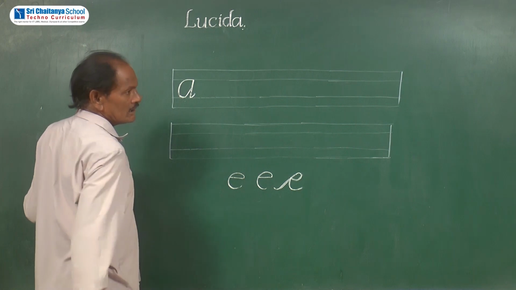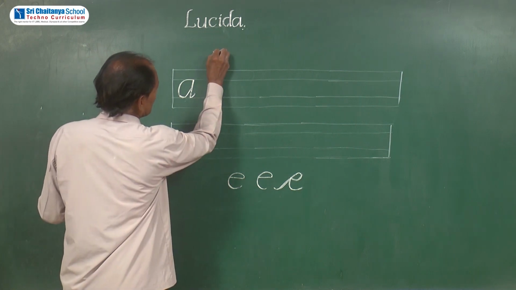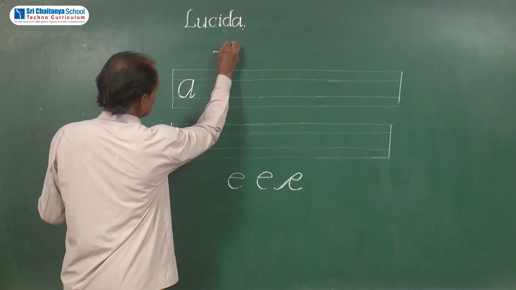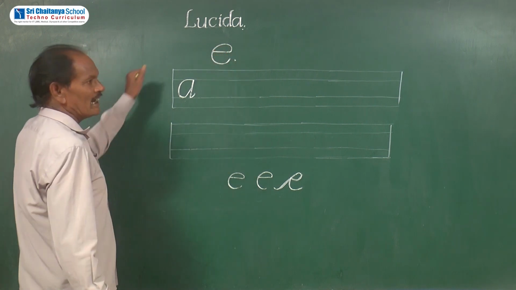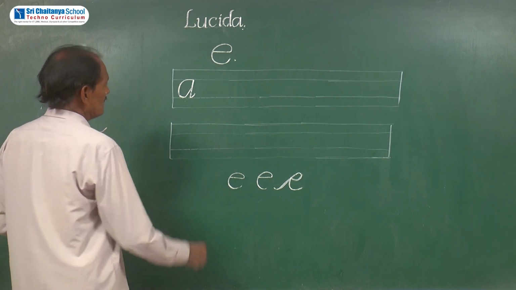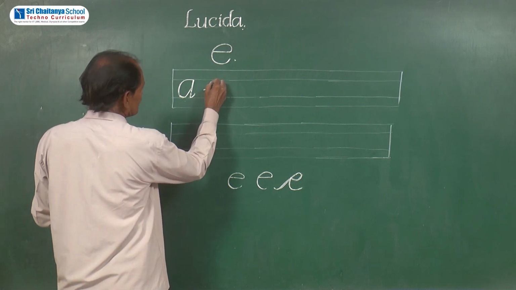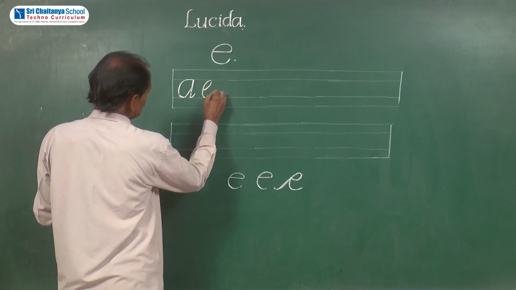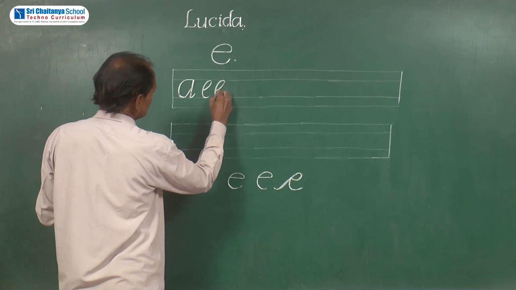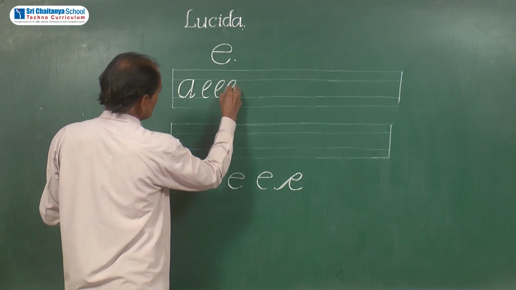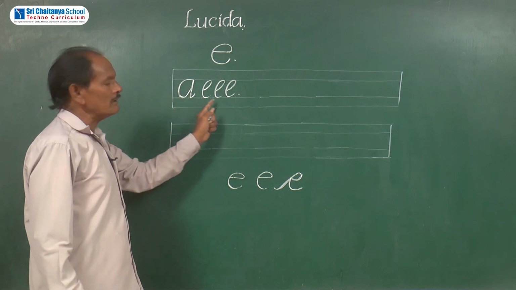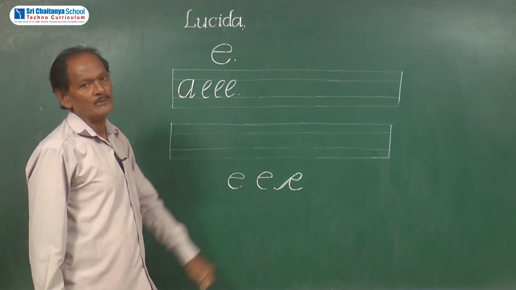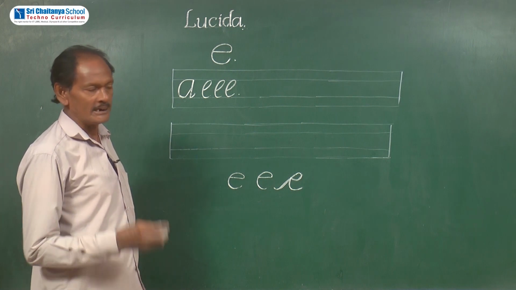In this Lucida, E is not written with a straight line like this. This is only the split handwriting E. The stroke should be lifted up like this. This is the correct way of writing E. In our handwriting book also, E is given in this way only. You can observe it in the handwriting books also.